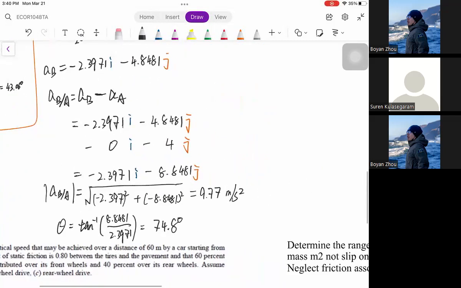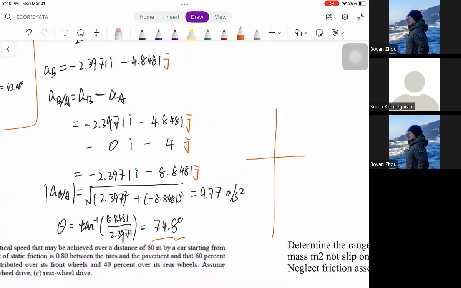As we mentioned before, if you're not too sure about what this angle is pointing towards, you just need to draw a coordinate system and put down the vector form there. So one is around 2 and another is around 8. So there's going to be a point here.